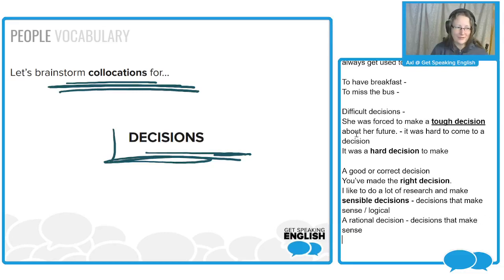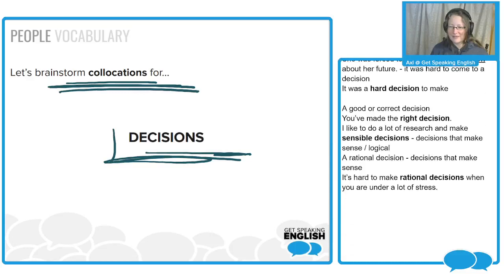For example, it's hard to make rational decisions when you are under a lot of stress. I think a lot of us can relate to that. It's hard to make logical, sensible decisions if you're under a lot of stress.